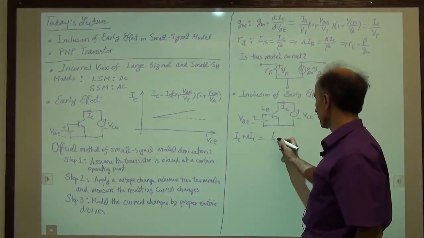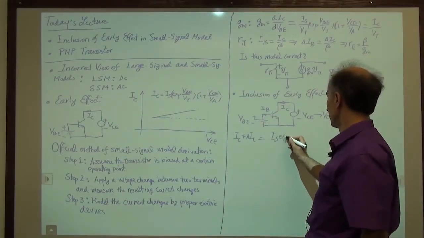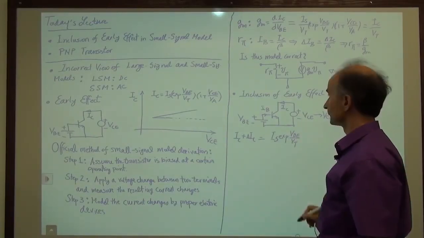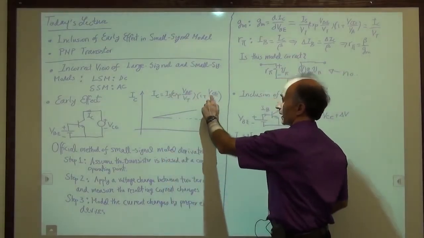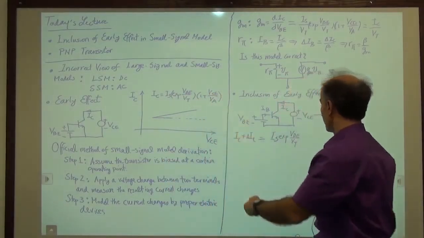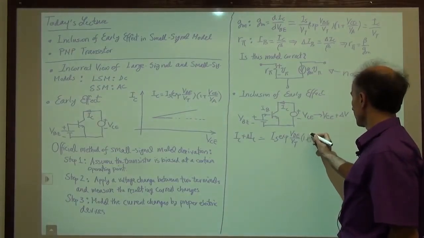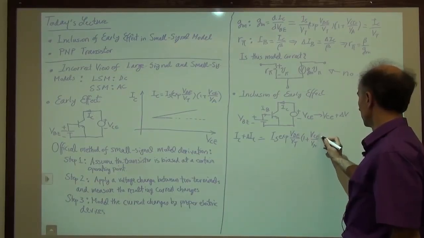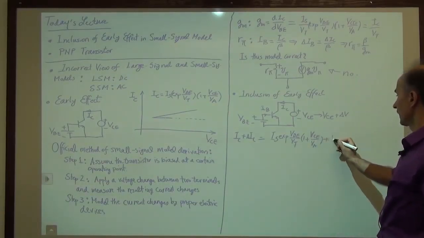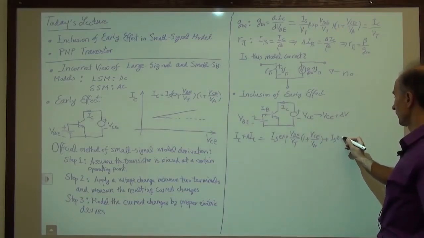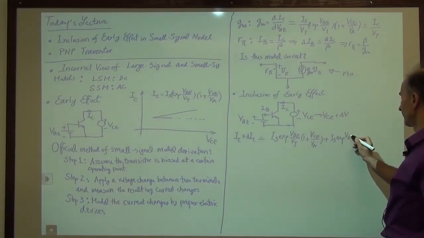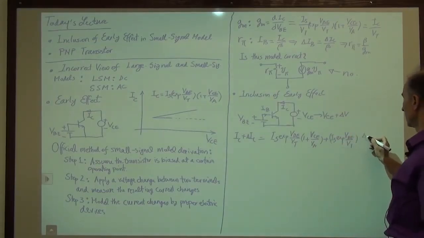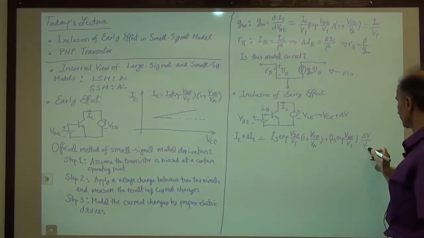That would be IS exp of VBE over VT, and we write this as VCE plus delta V, so that would be 1 plus VCE over VA, plus IS exp of VBE over VT times delta V over VA.